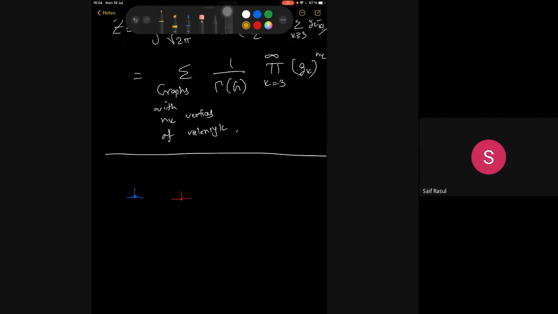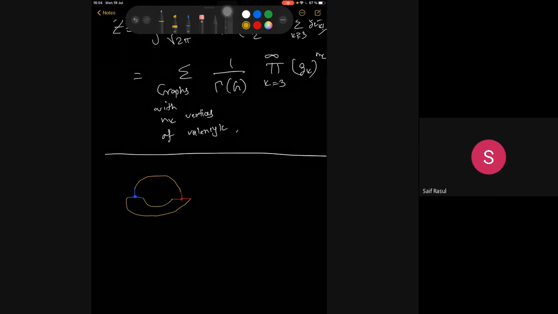That is, blue can connect with red, but red cannot connect with itself. This is not allowed, or this is not allowed. So only blue ones connect with red, and that is the only rule. So let's make a combinatorics problem like this. We can have multiple vertices.